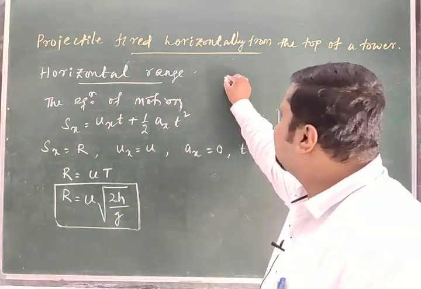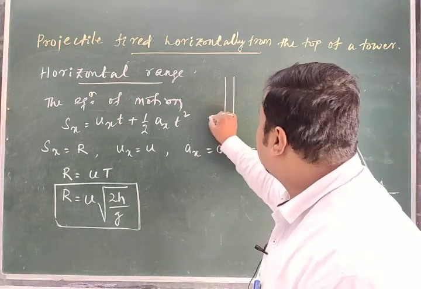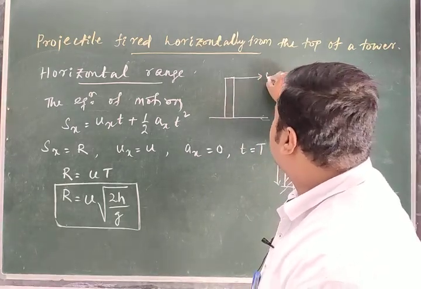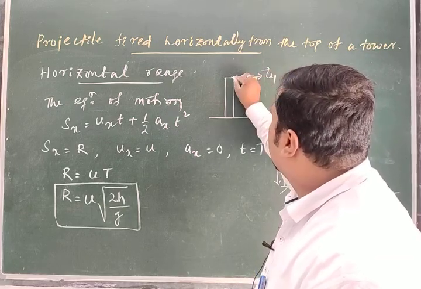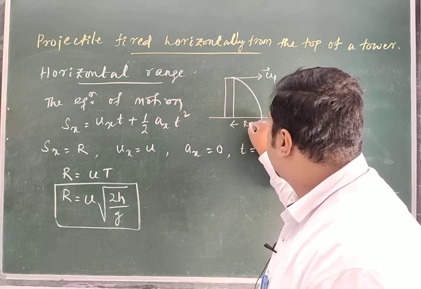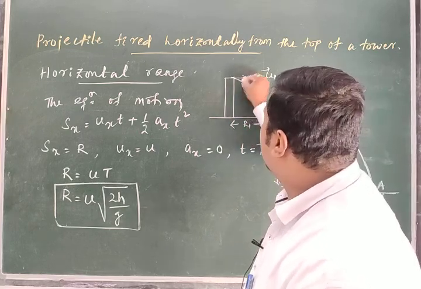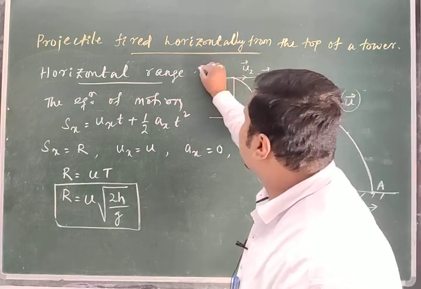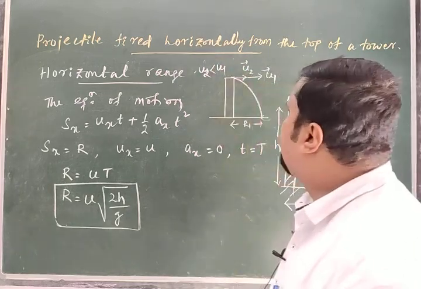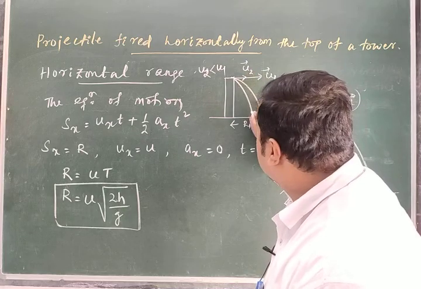As I have already discussed, if this is the case, and you have given a velocity u1, suppose this is the range R1. Suppose someone has given a velocity u2 which is smaller than u1. So the range also decreases here.